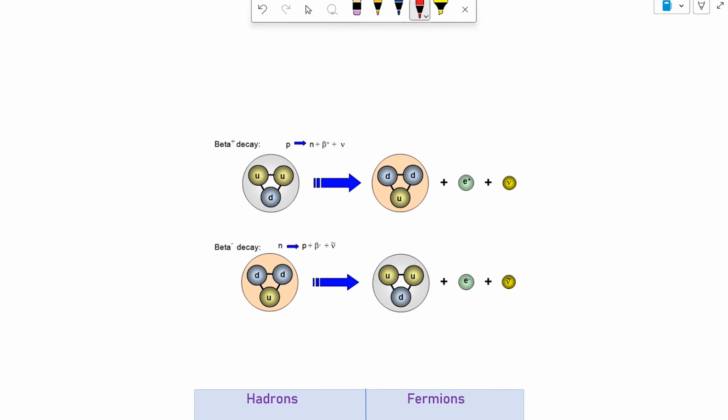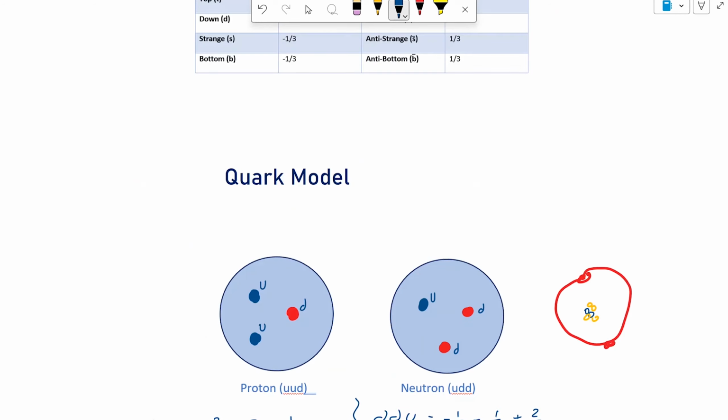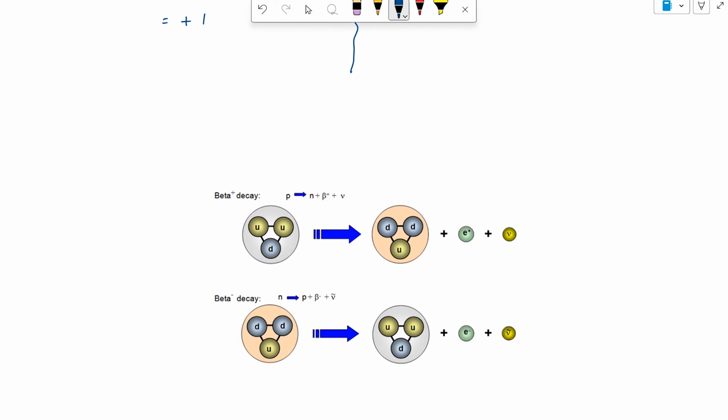Great. Now, I'm just going to rewrite our thorium decay from the beta particle decay. So we had 225, 90. Right.